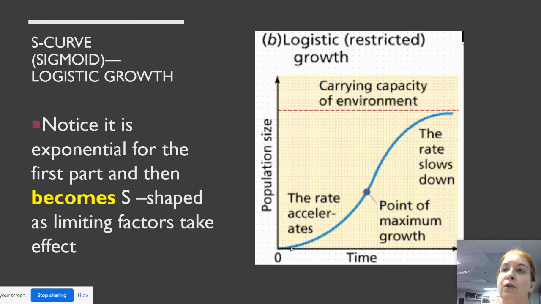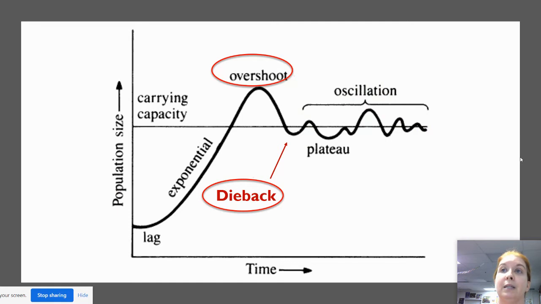So you're growing exponentially, but then as you're reaching carrying capacity, you're going to slow down. You have more deaths and fewer births, and therefore the rate is going to slow down. So it's exponential for the first part, and then it slows down as those limiting factors take effect, whatever factor it is. So we always start exponentially, but we will end with logistic growth because that's the one that makes sense.